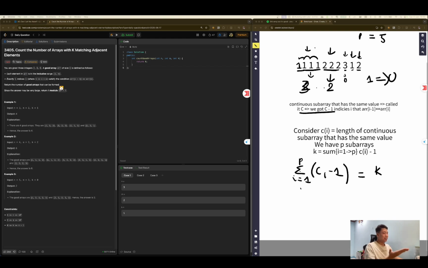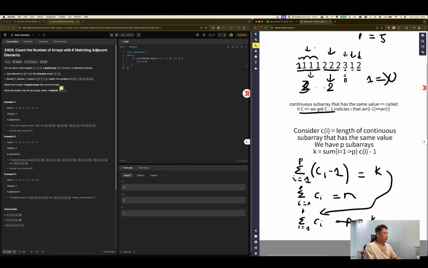Another thing we got is that the sum of c_i equals n, obviously, because we divided the original array into p continuous subarrays. And here we found a relation between n and k. We can write the sum of c_i, minus p, equal to k.